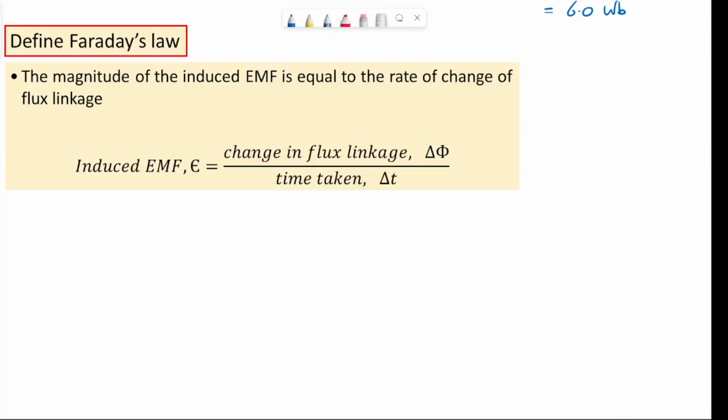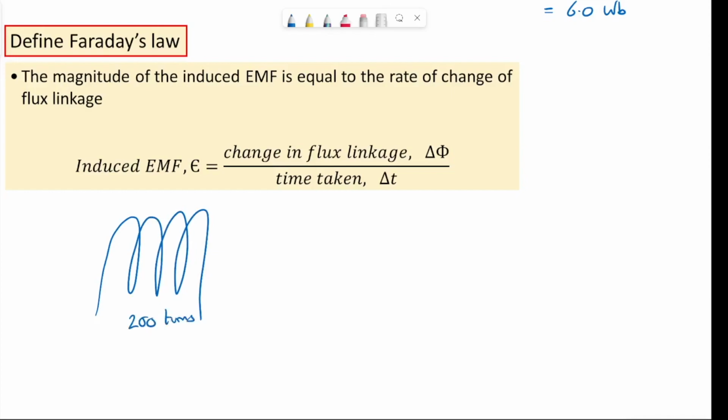Imagine we have a coil of 200 turns, and the magnetic flux density through the coil, B, changes from 2 Teslas to 0 Teslas.